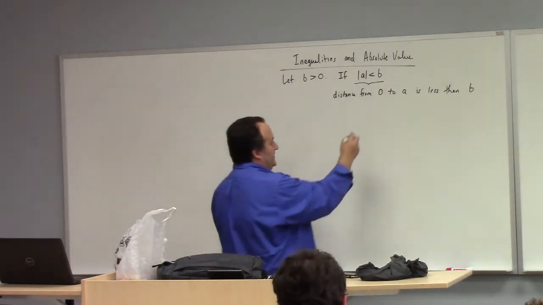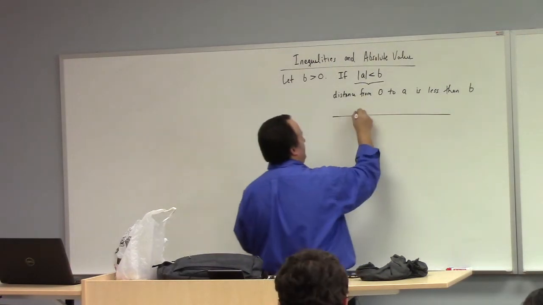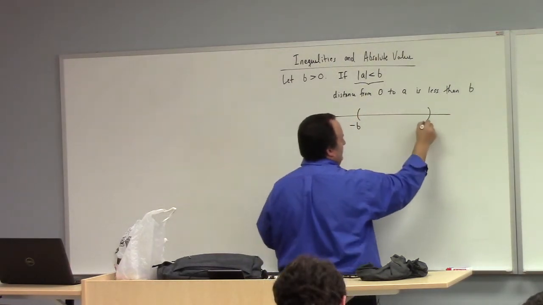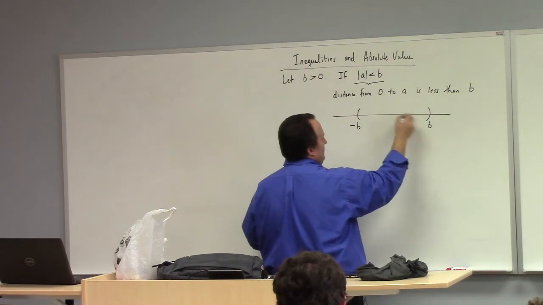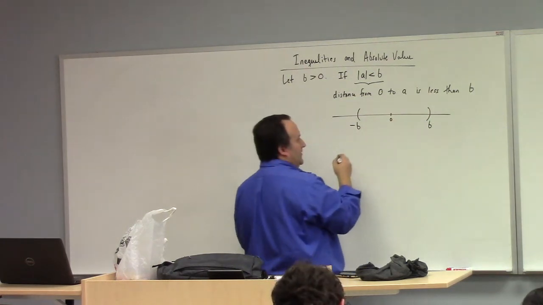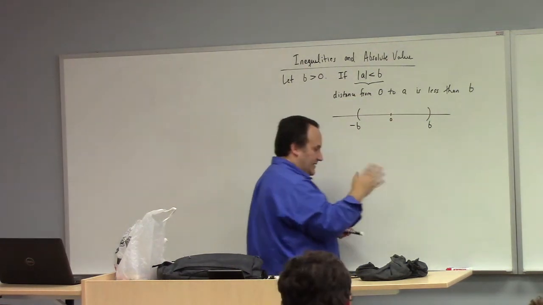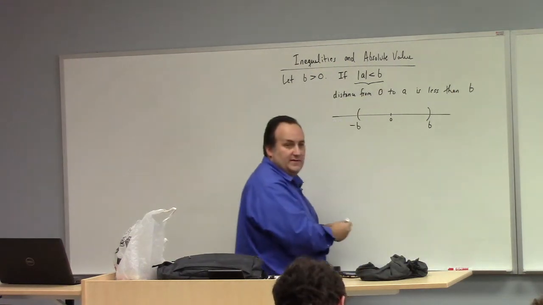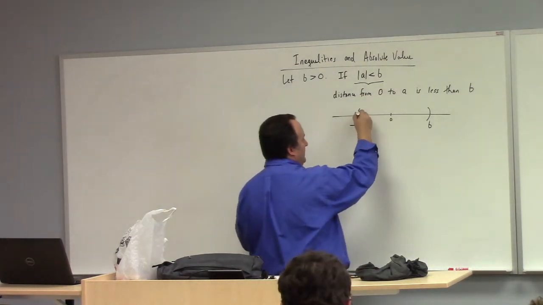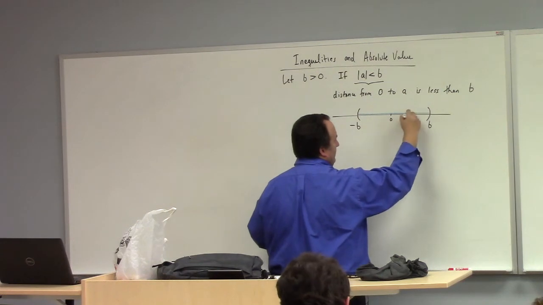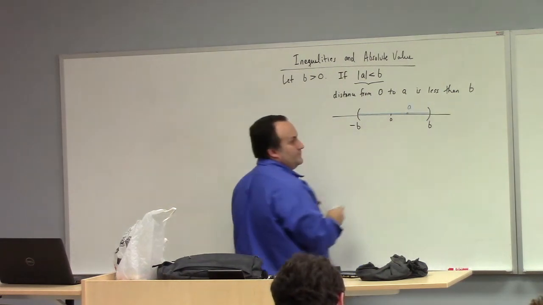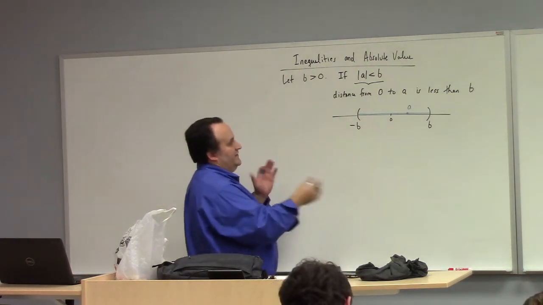I can draw a picture of this, right? Minus B, B, and 0 is in the middle. So where is A? It's somewhere in there. It's at most B units from the origin. So what does this mean?